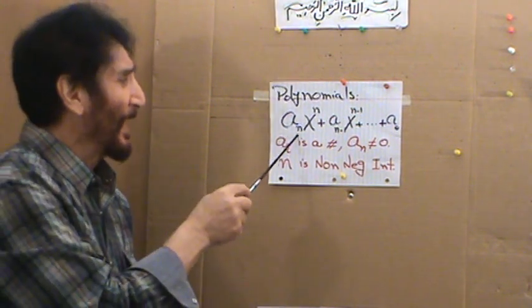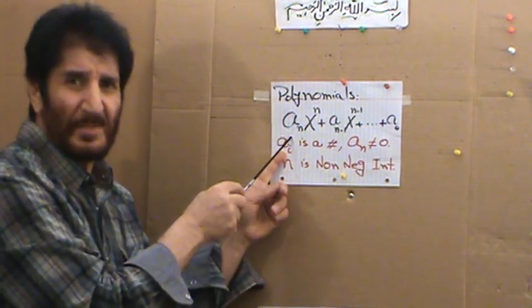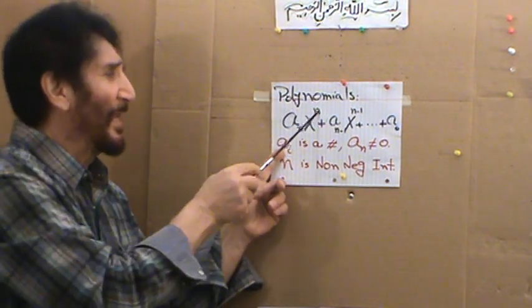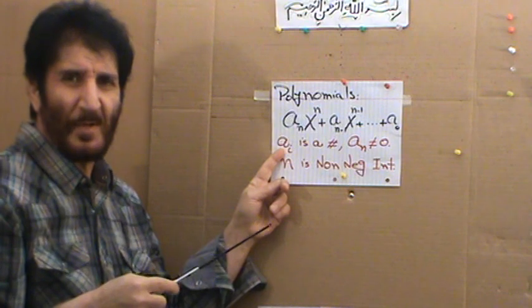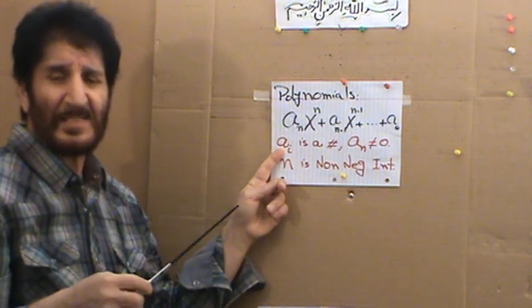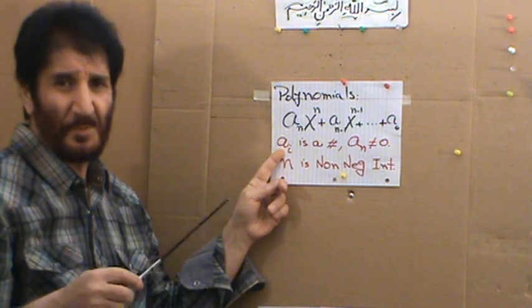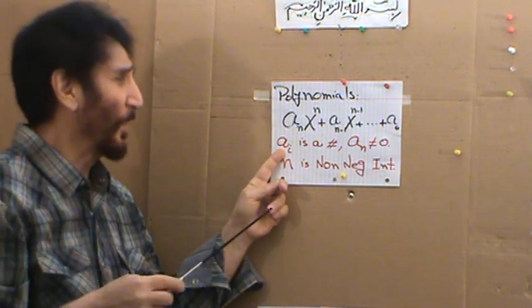Now, the a_n are numbers, which can be real or complex. And n, which is called the degree or power of the polynomial, is a non-negative integer. It could be 0 or 1, 2, 3, and so on.